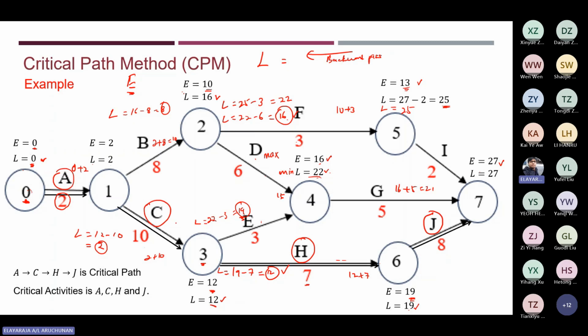That means we cannot delay them. You cannot delay any of these activities, because if you do, it will affect the entire project. So you need to pay attention to these activities.